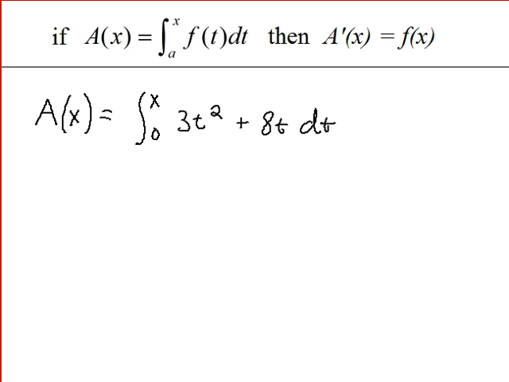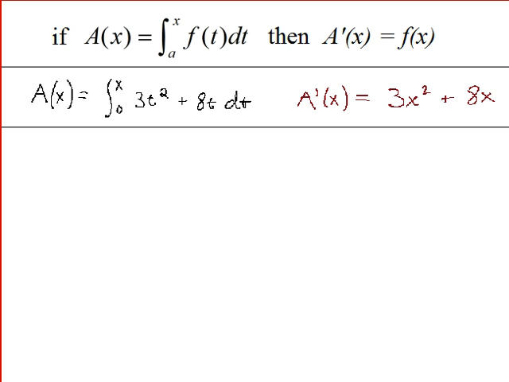According to the second fundamental theorem of calculus, the derivative of A should just be equal to the integrand, which in this case is 3x squared plus 8x. What I would like to do is to confirm this by using the first fundamental theorem of calculus.